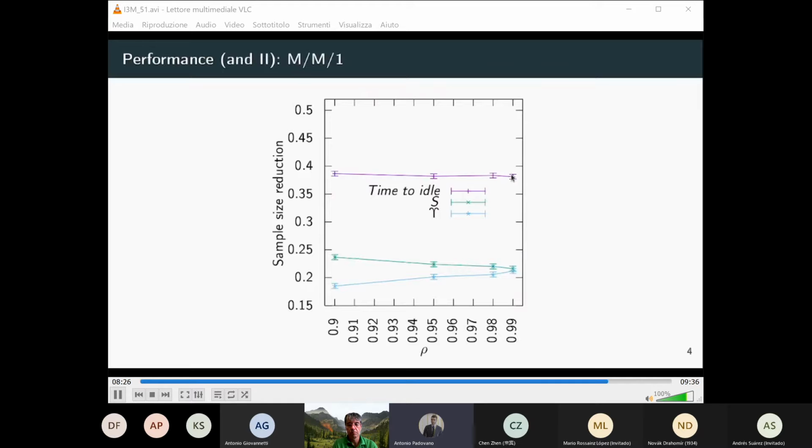Of course, in the MM1 case, the service time and the inter-arrival time may be used together and they will get something like the sum of the two sample size reductions. In this case, the time to idle would be something like 5 percentage points below what they can obtain when used together.